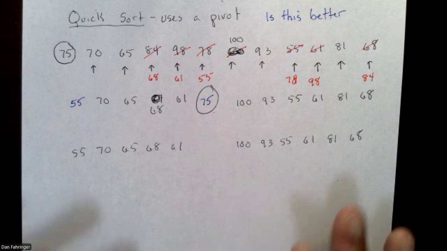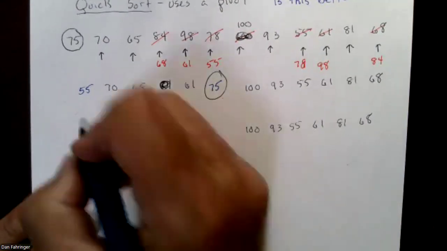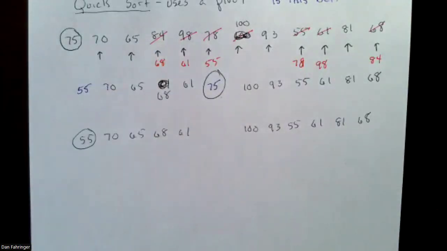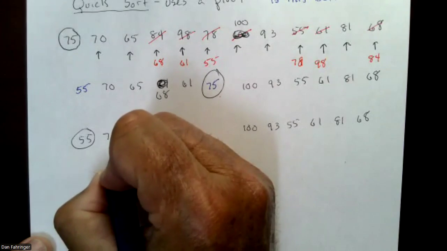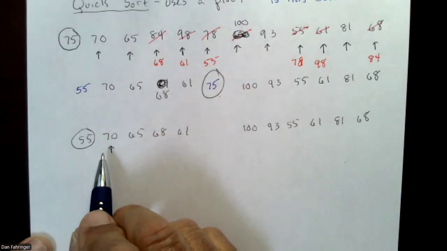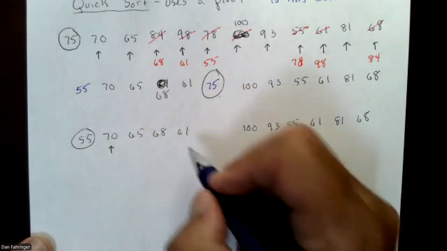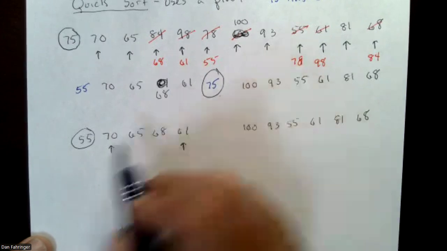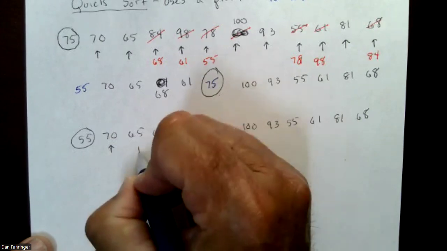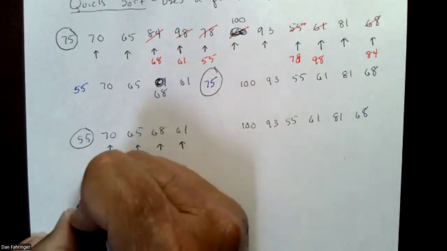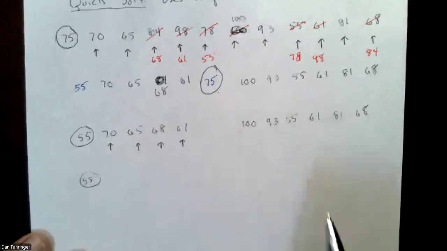I'll take a look over here at my new pivot is 55. I'm looking for numbers less than. I come to my first number and nope, that's going to have to get moved. And then all of a sudden I go to the end and I'm looking for numbers that are less than to swap it with. And I'm going, no. So the 55 is in a good spot.